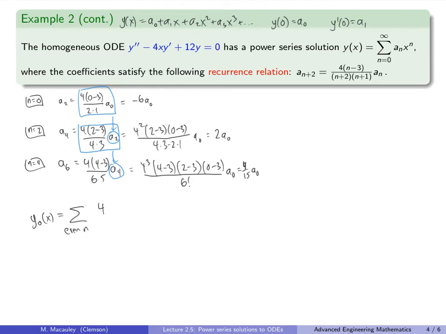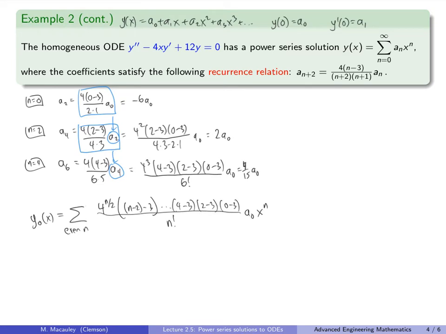So I'm going to have 4 to the n over 2 here. Then I'm going to have n minus 2 minus 3, all the way down to 4 minus 3, 2 minus 3, 0 minus 3. And this whole thing is going to be over n factorial. And now I have a naught x to the n.